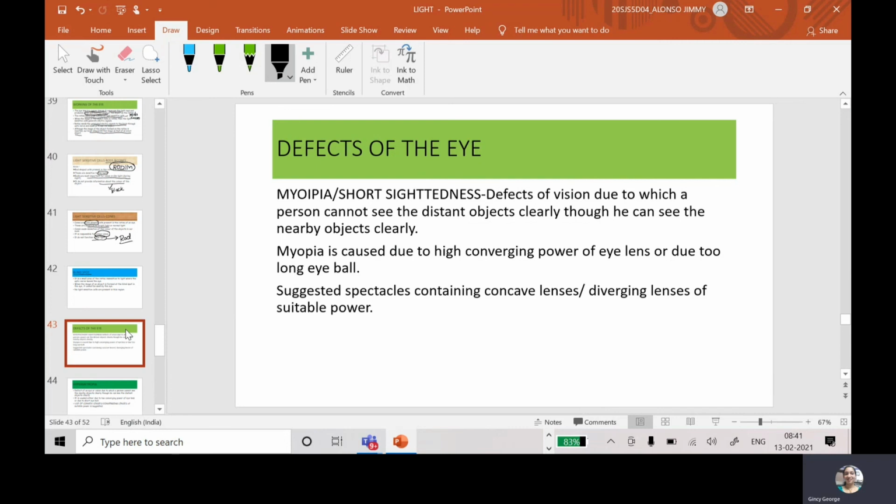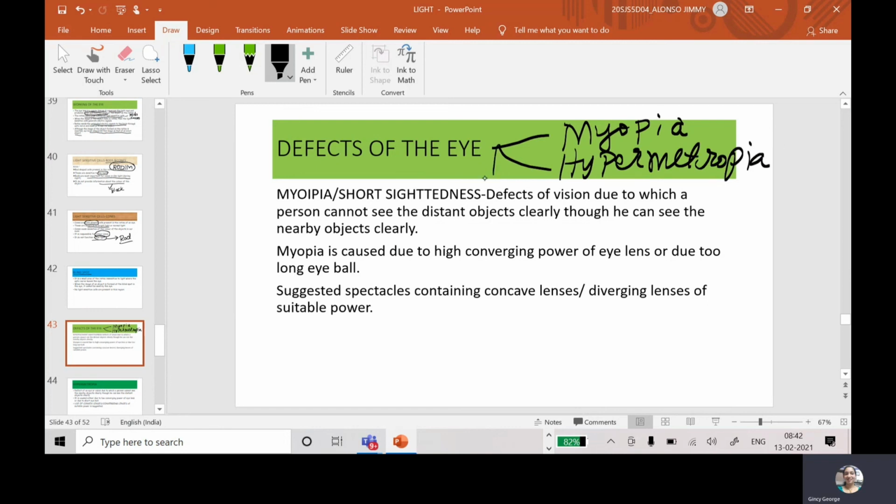What is the defect called? There are three defects we are going to discuss here. The first one is myopia. The second type of defect is called hypermetropia.